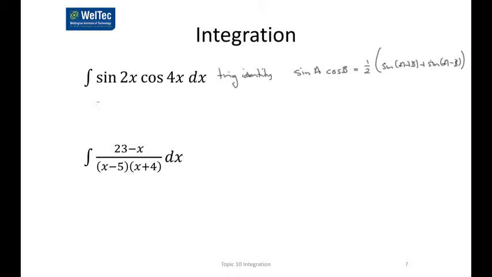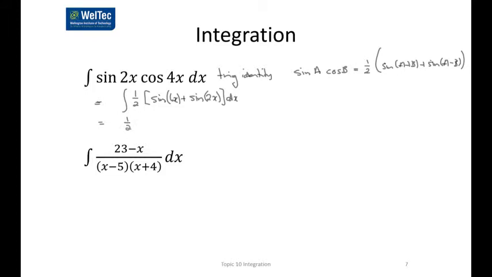But once we've done the work on trig, which you did earlier on, we can say that this is equal to a half, straight out by trig identity, sine 6x plus sine 2x dx. Now, using rules, that becomes very easy.